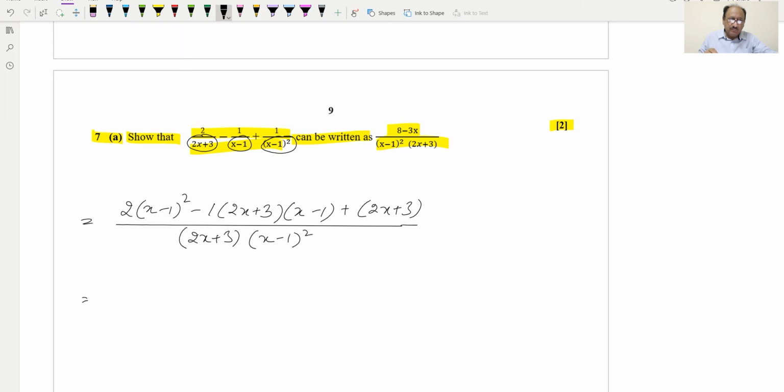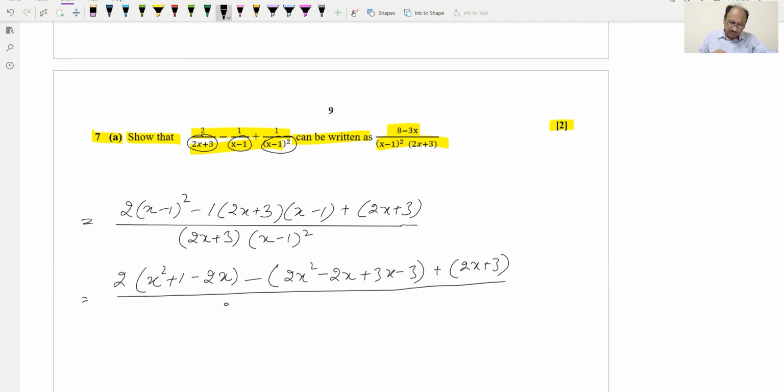Now we'll open the brackets in the numerator. x minus 1 squared will be a squared plus b squared minus 2ab, and similarly we will multiply these two, and this will be minus 2x squared, 2x squared into x will be 2x squared, minus 2x plus 3x minus 3, and plus 2x plus 3 as it is, divided by 2x plus 3 into x minus 1 squared.